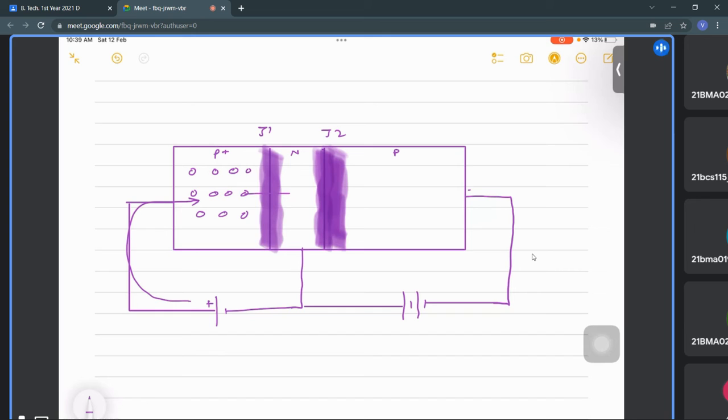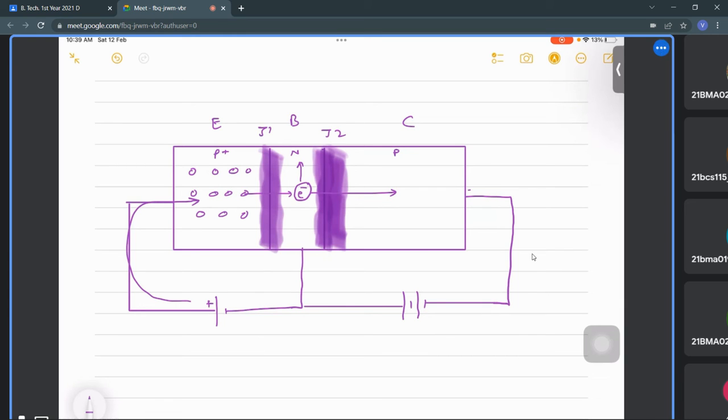These holes, 5% of them are going to recombine with the electrons of the base, because this is base, and the rest of them are going towards the collector, right?